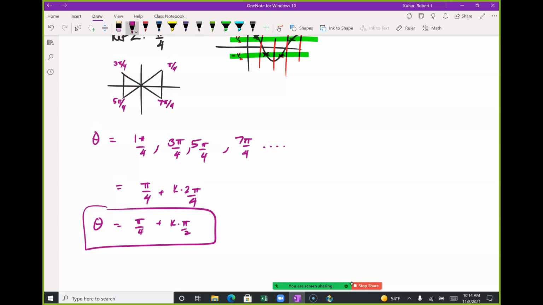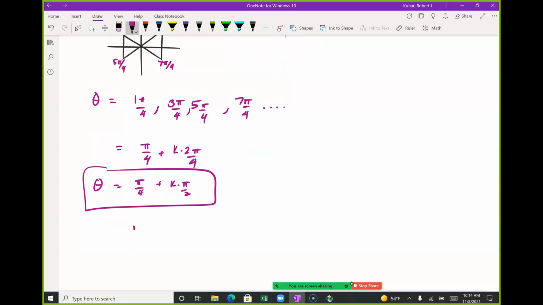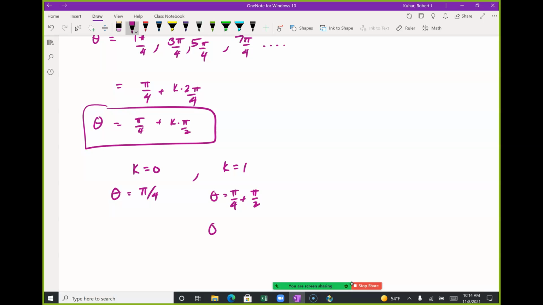You see, that one turns out to be very nice. Notice when k is 0, theta equals pi over 4, because 0 times pi over 2 cancels. When k equals 1, I get theta equals pi over 4 plus pi over 2, which is 3 pi over 4.